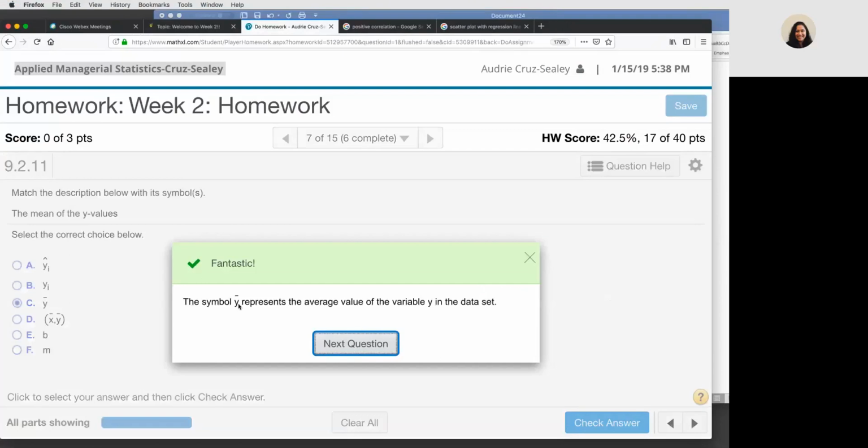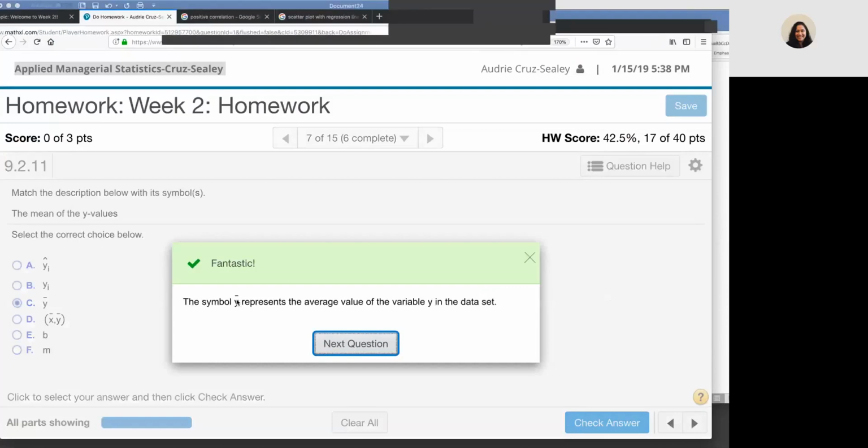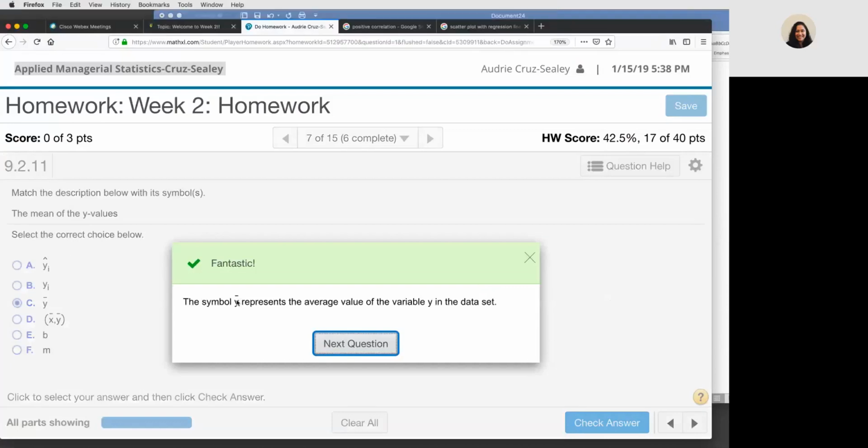Anything with a bar above it, this bar above the variable, means average. So if they said, I want you to find the mean of your slopes, then it would be an m with a bar above it, because m is for slope, and the bar above the letter means average. We okay?